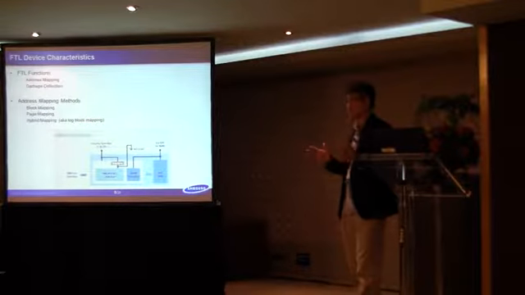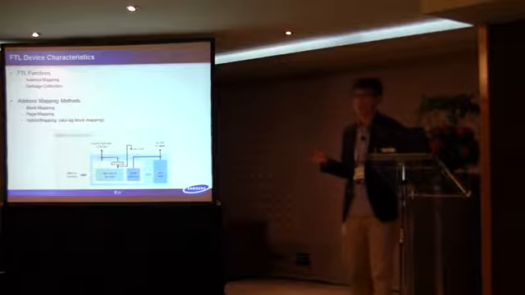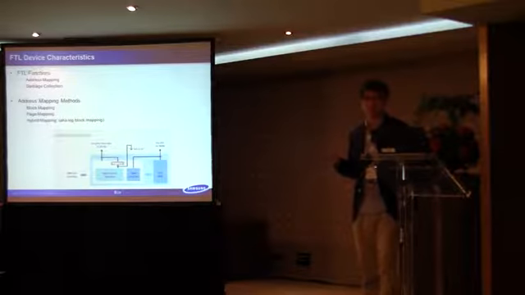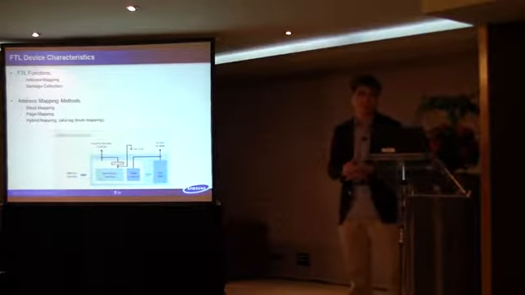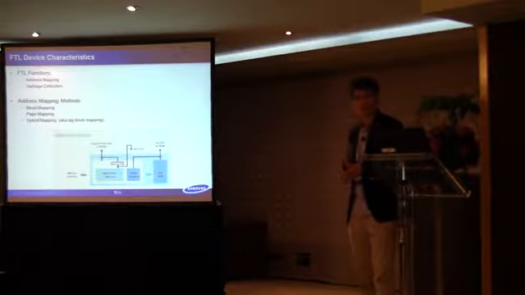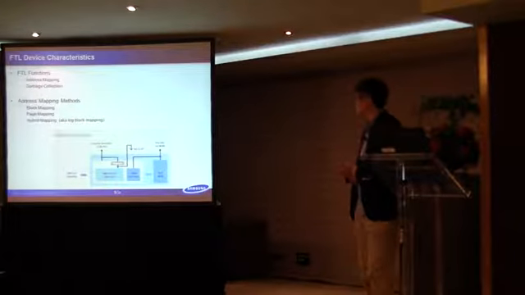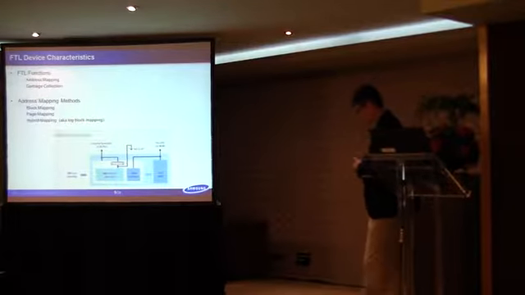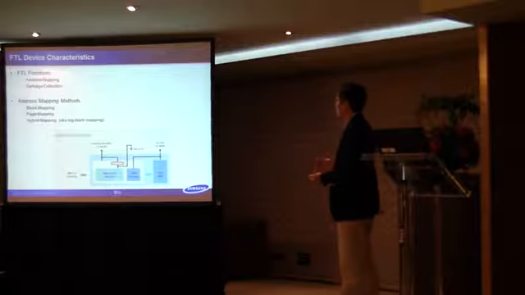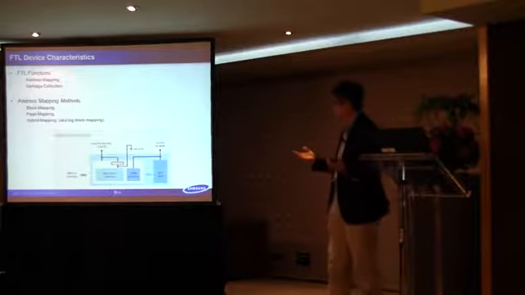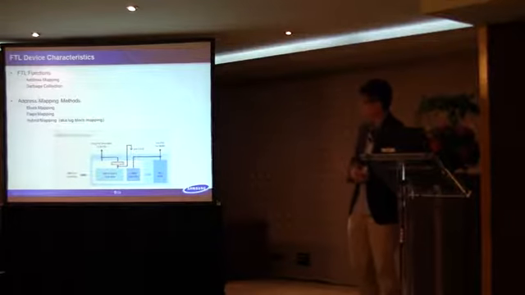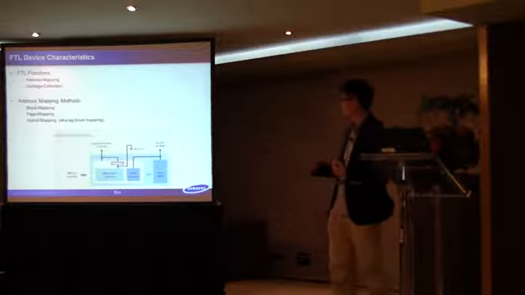So this cannot be an option in designing an eMMC card, or even an SD card, because it has many cost restrictions, form factor restrictions, and also power limitations. So the most promising option is hybrid mapping, because it tries to achieve a small memory footprint and also the high performance of page mapping. Even though it cannot achieve the level of page mapping, it can get near the performance of page mapping.